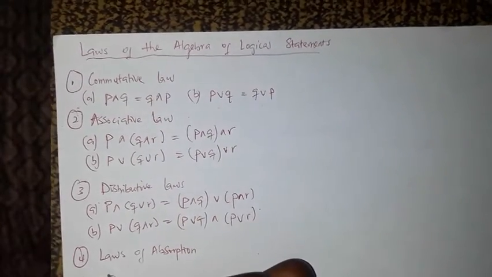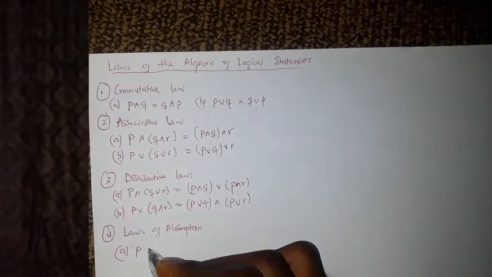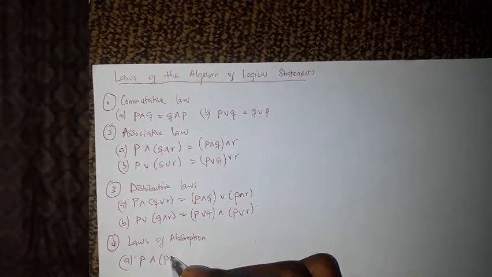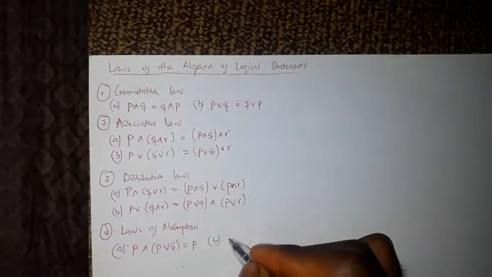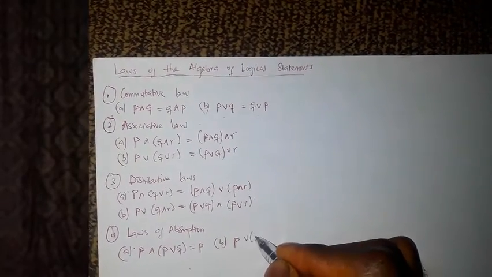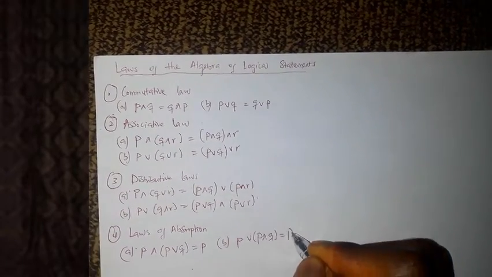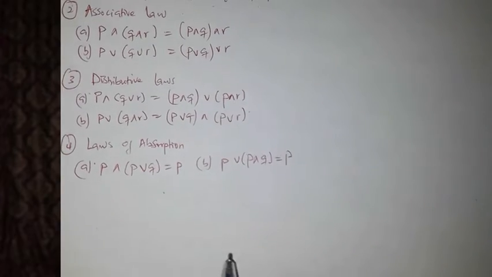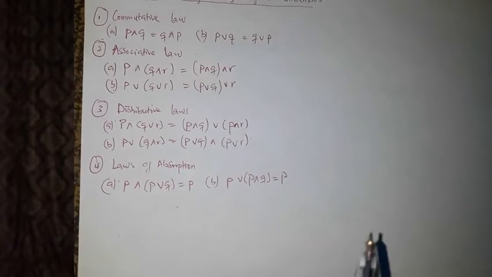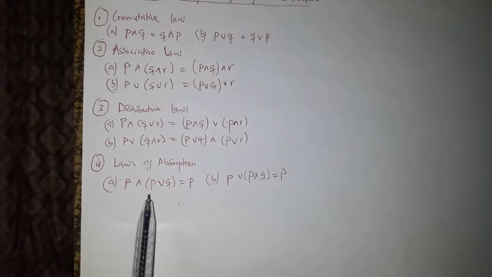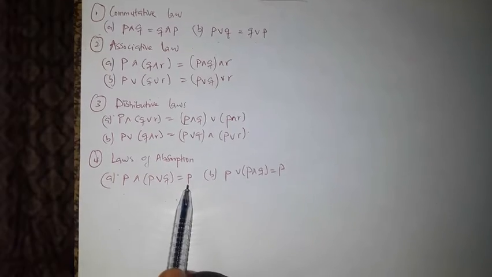What does it state? For the first one we have P or P and Q equals P. The second one states that P and P or Q equals P. Let me use sets to explain. If I say P union Q and then find the intersection with P, I'll get P back.